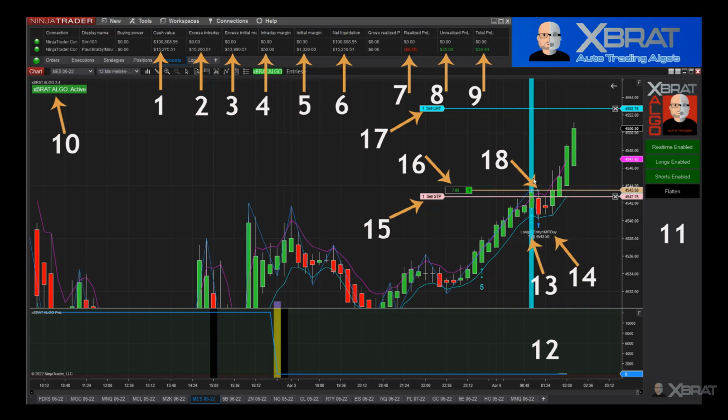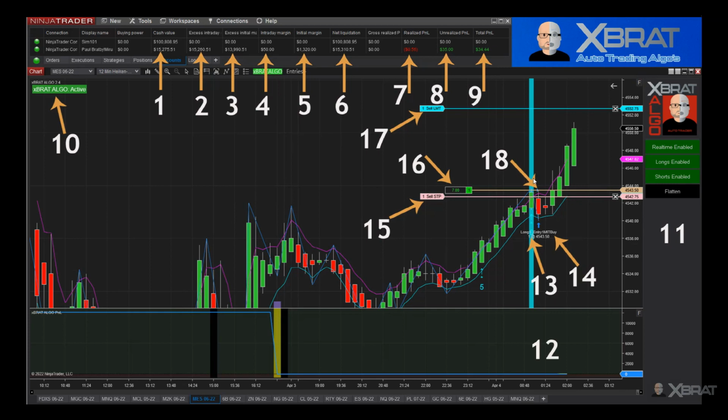So number four, this is the intraday margin. So it's the per contract minimum amount of money required in your account to hold the position during those regular trading hours. So you can see that's $50 for this one micro ES contract that is in on this auto trade right now, $50. So number five is the initial margin.